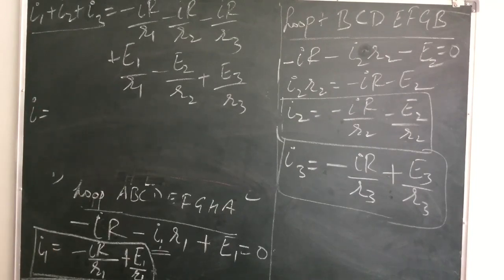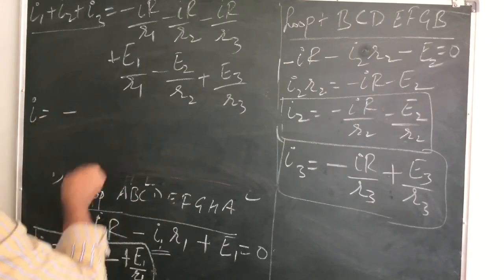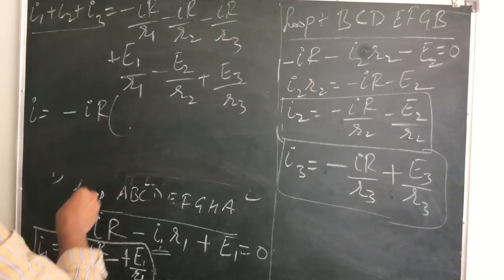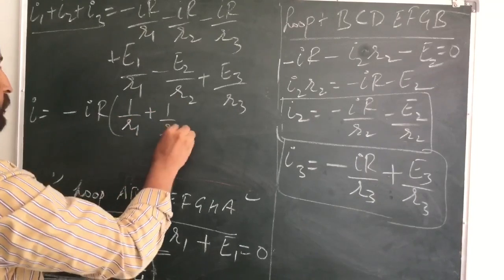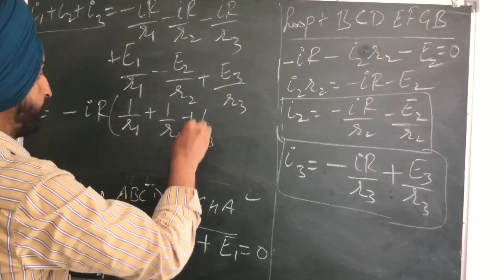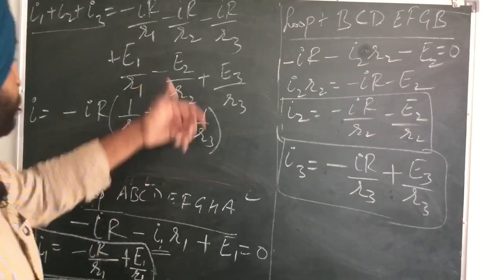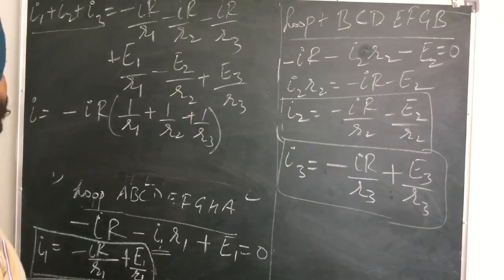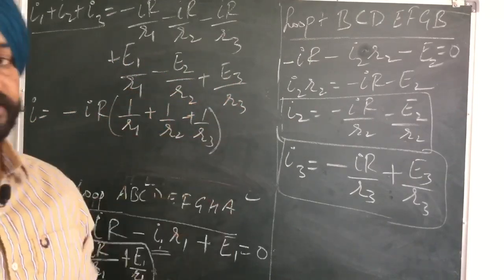So from here I can take minus I into R common. So I will be left with 1 by R1 plus 1 by R2 plus 1 by R3. But from here I cannot take a common value, because E1, E2, E3, similarly R1, R2, R3, these all are different values.